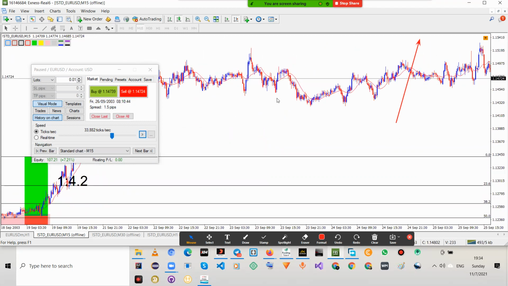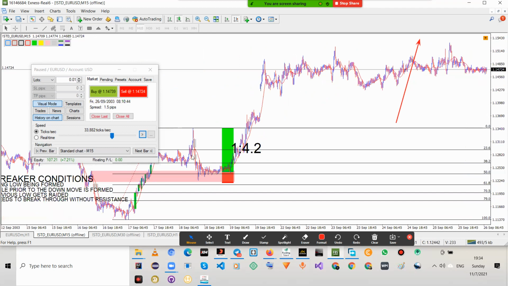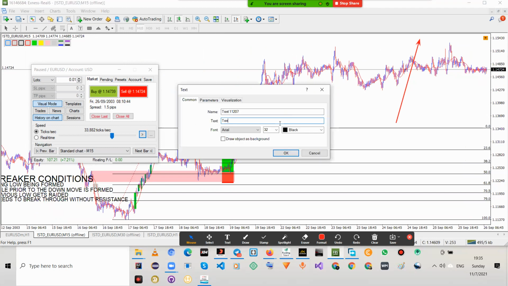This would have been how many pips from our entry? Our entry is right here, remember? Price moved all the way up to 280 pips, guys. 280 pips, all from the knowledge of this breaker concept, the confluence that we had, and our market structure as well.